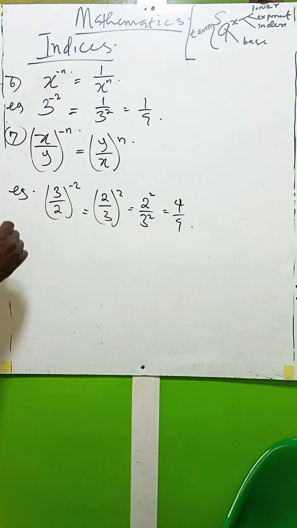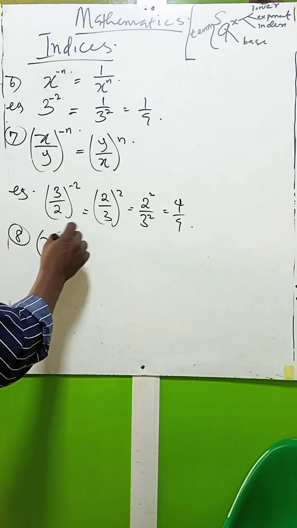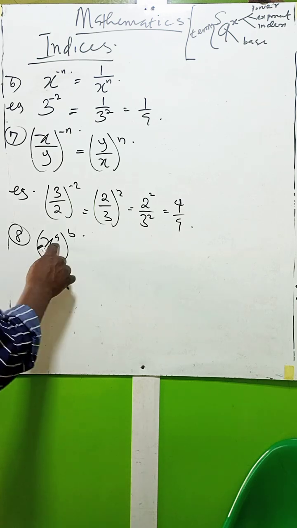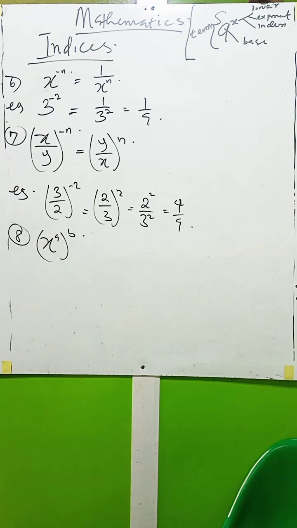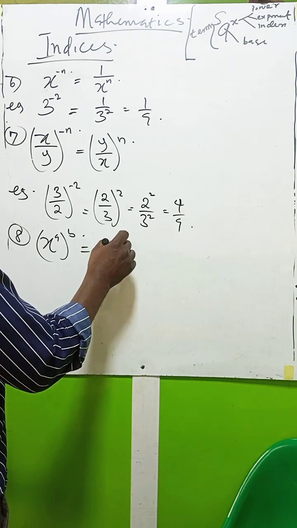Now let's see rule number 8, law 8. Law 8 states that what if we have powers, the power of a term multiplying another power outside. For instance, we have x raised to power a, all raised to power b. These are both, a and b are both powers. This becomes x raised to power ab.